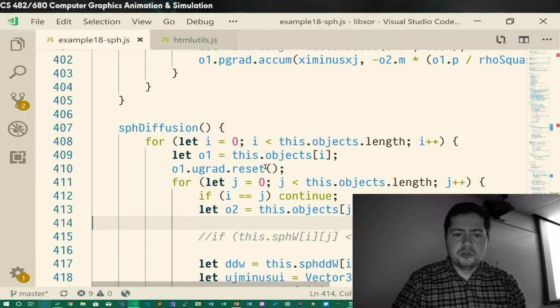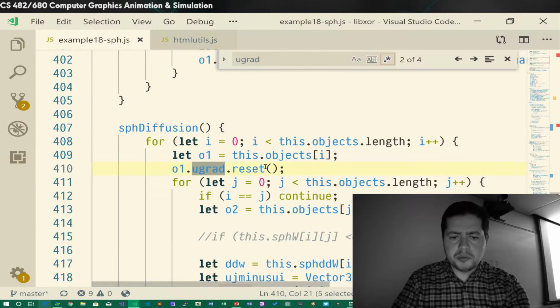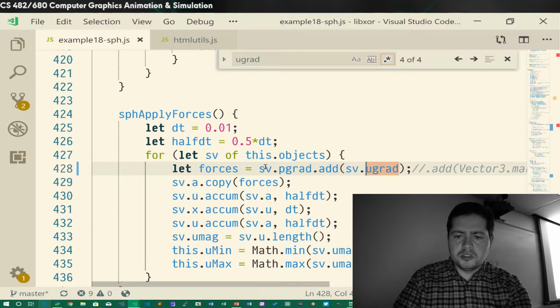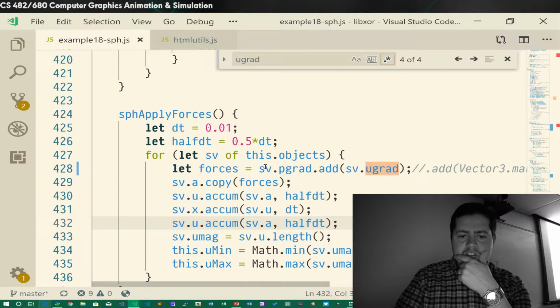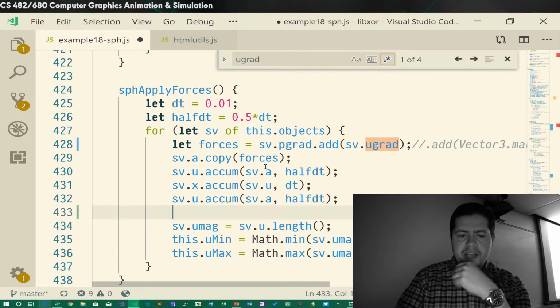So when we get to u gradient, oh wait, what was that? Accumulate. Okay, so there's our forces SV dot accum. So there's our magnitude.